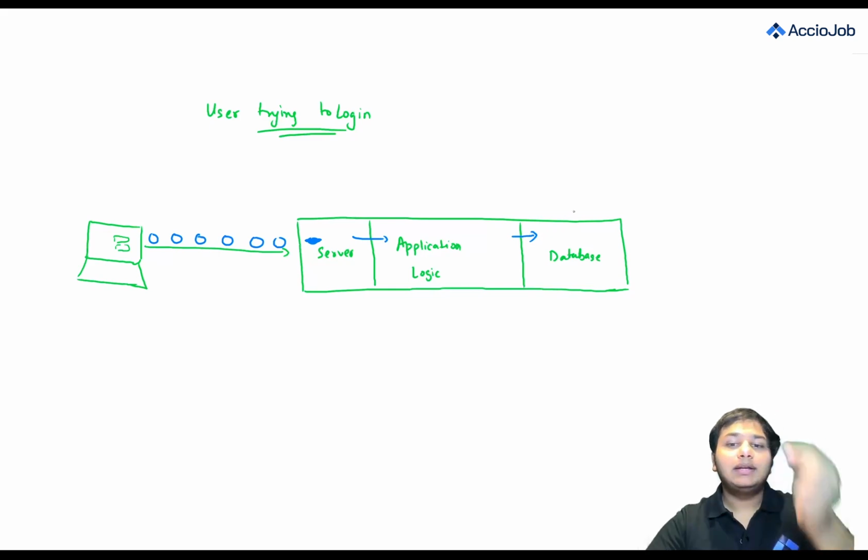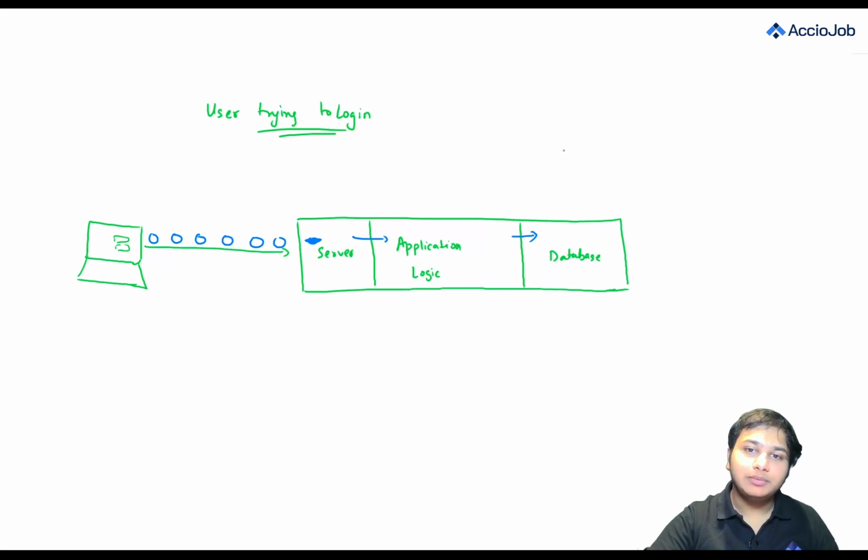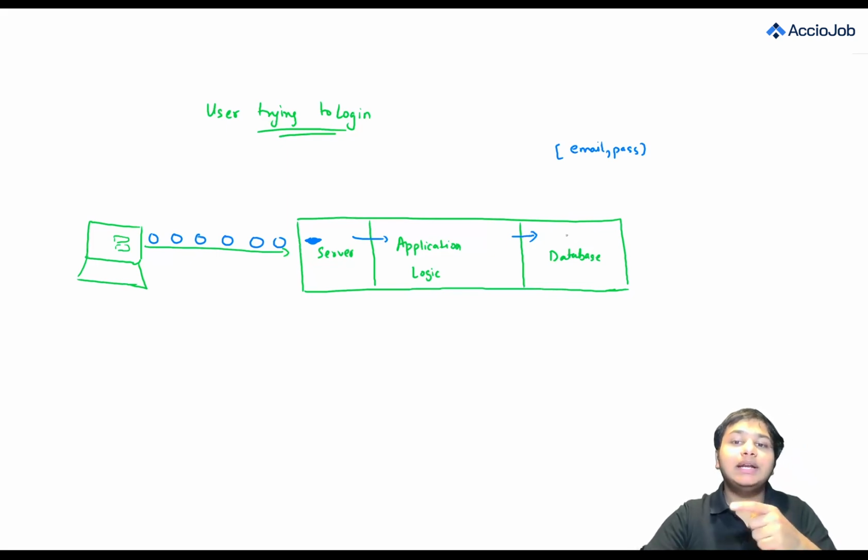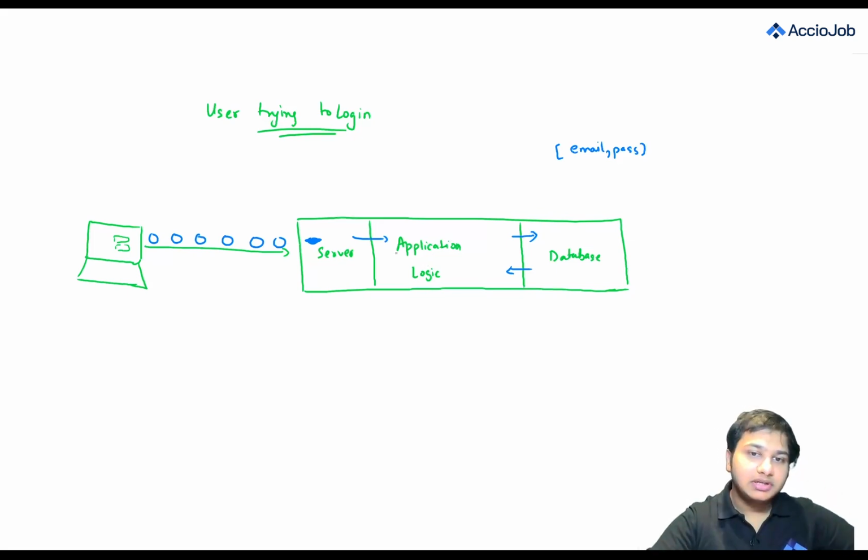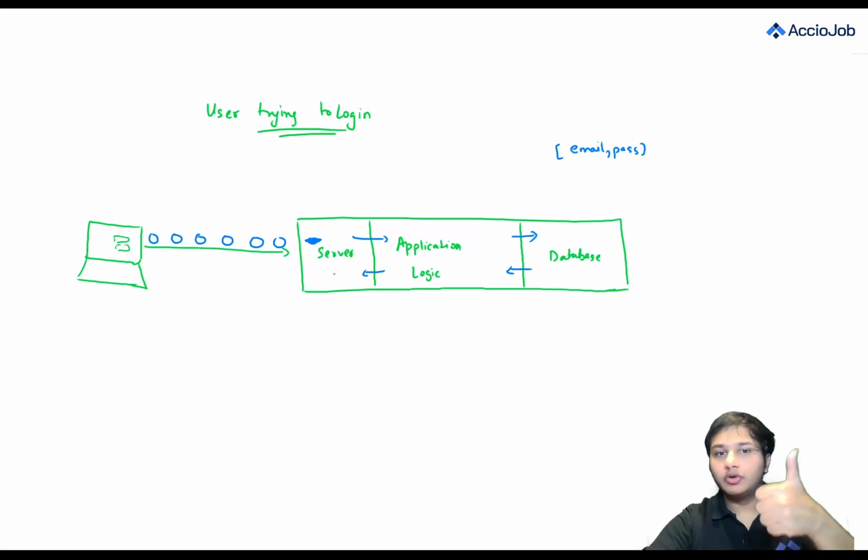It will check if there is a key value pair, basically the email and password value pair, that exists in our database. If it exists, then it will get the data that yes, we do have an email, password pair exactly what the user has shared. Then the application logic will return the necessary token or the response saying it's all good, it's correct.